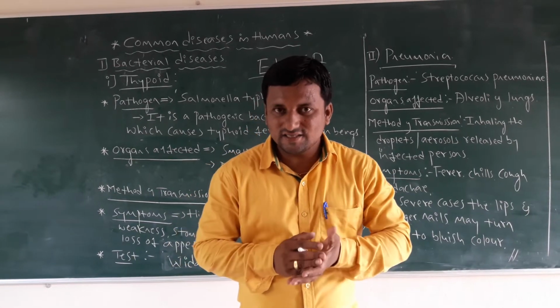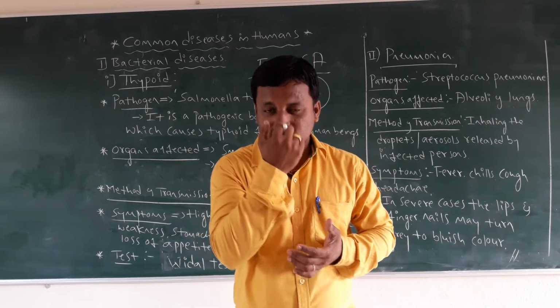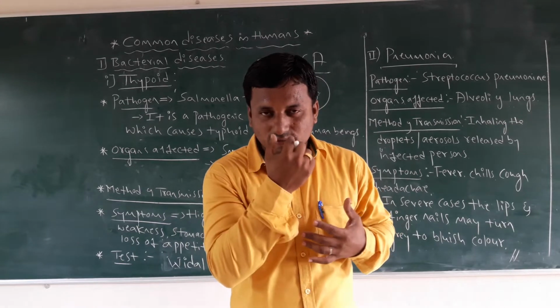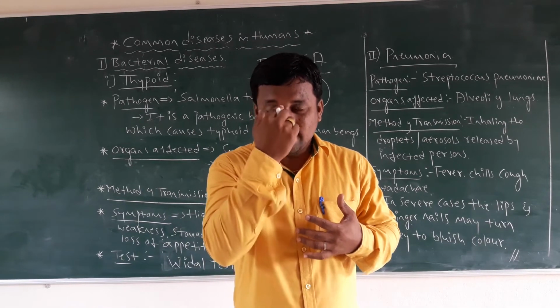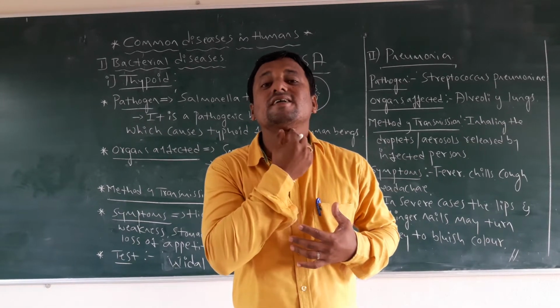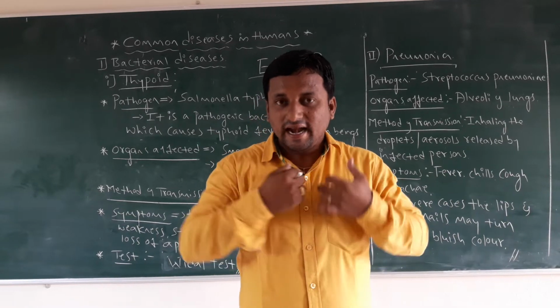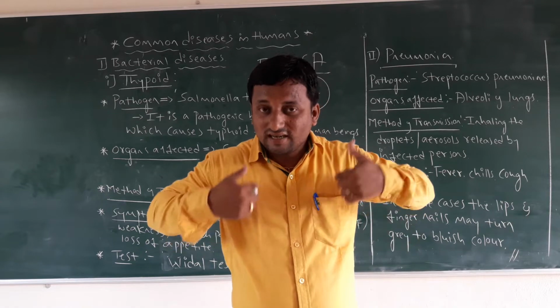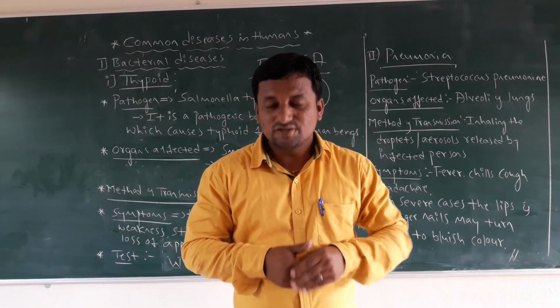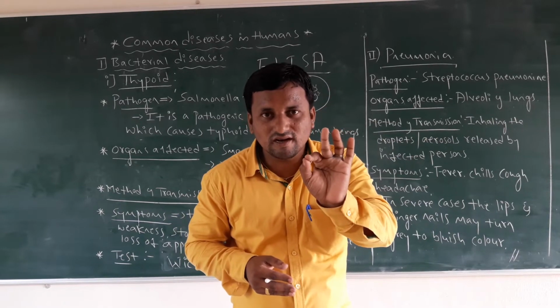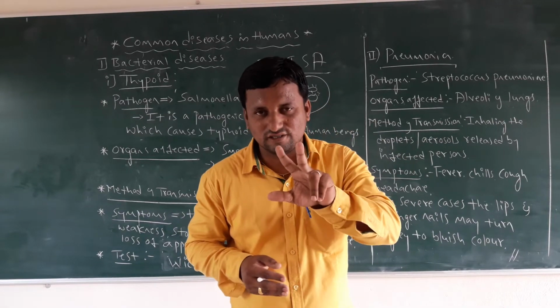In the lungs, you must remember, the respiratory system starts from the nasal passage, then enters the trachea. You know you have tracheal rings, and it enters the lungs, which are a pair. There are primary bronchioles, secondary bronchioles, and tertiary bronchioles.